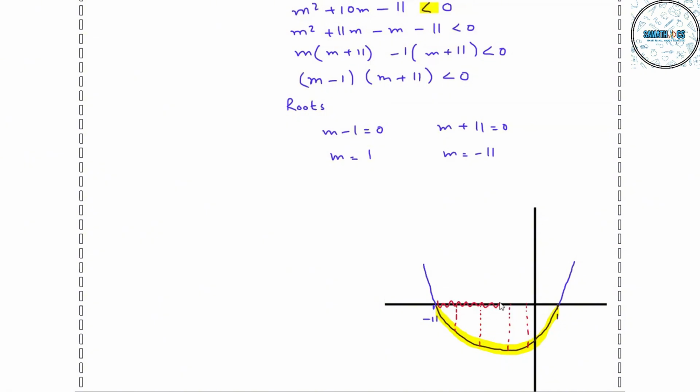So these are the values we have to consider. We can write here m is greater than minus 11 and less than 1. These are the values of m for which the line does not intersect the curve.